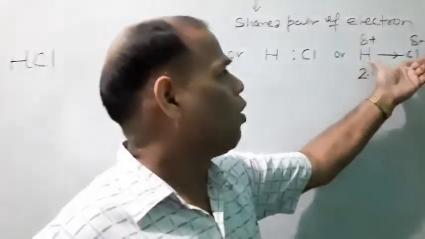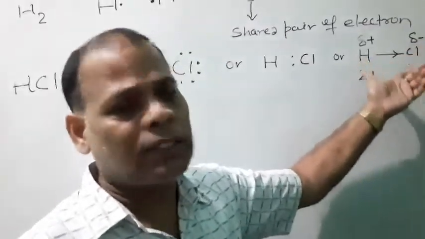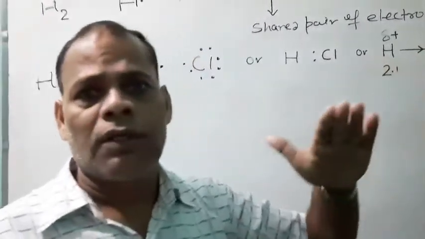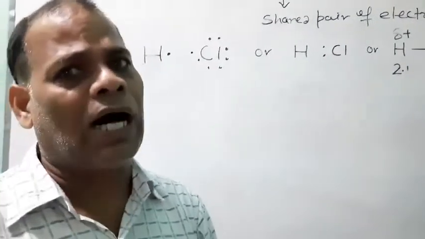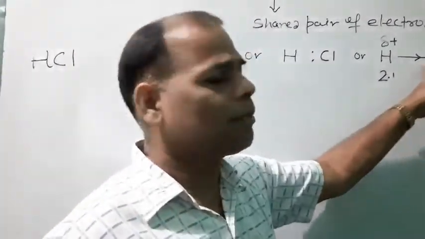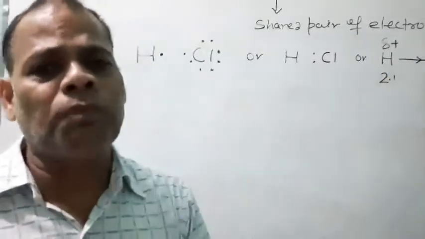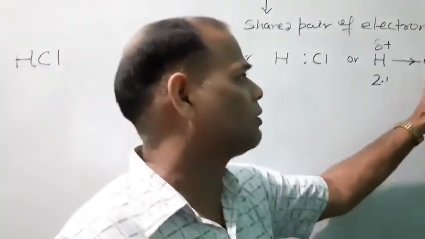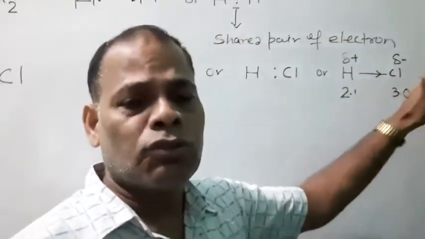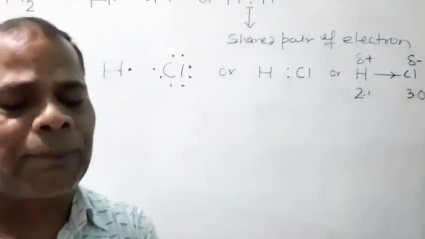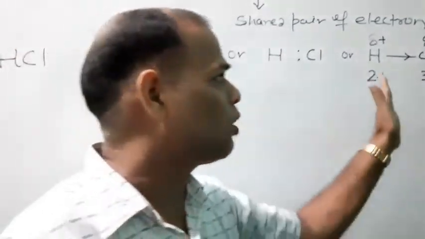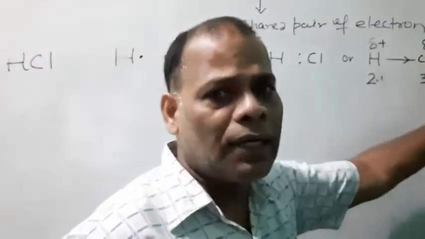So now a covalent compound or covalent molecule in which two different atoms are bonded together by covalent bond, in which one of the atoms has more electronegative value, due to which the shared pair electron is shifted towards one of the atoms.